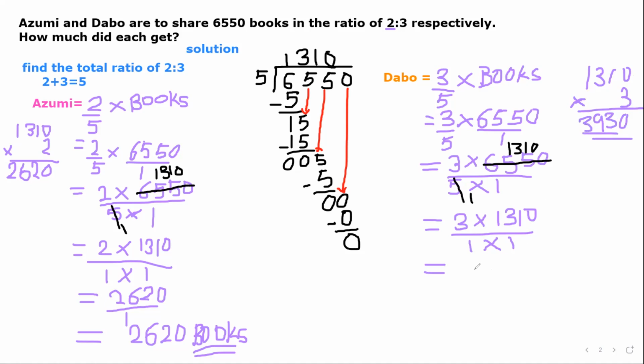So when you multiply 3 by 1,310, you get 3,930 over 1 times 1, which is over 1. Therefore, the total books for Double is 3,930 books. Okay, good.